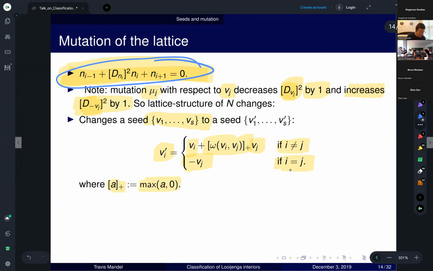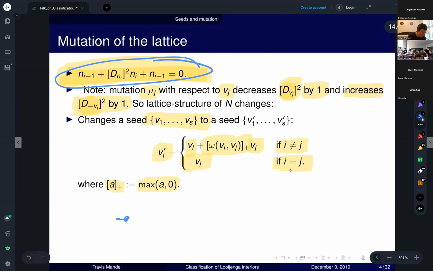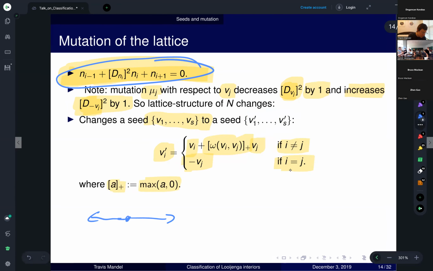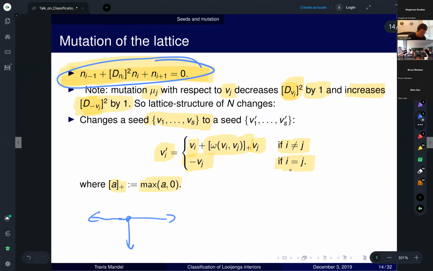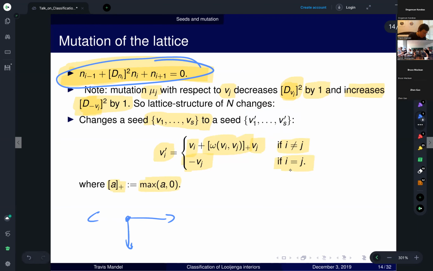So, quick little example. So say I have these three directions. Maybe these are my V1, V2, V3. And let's say I mutate with respect to V2.